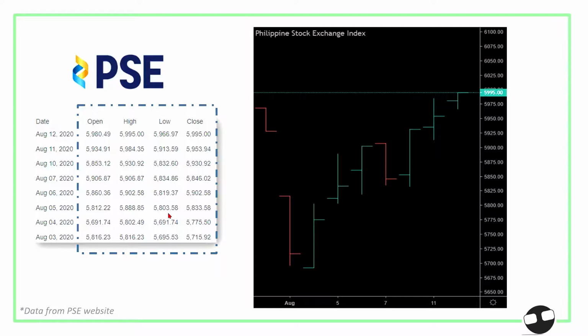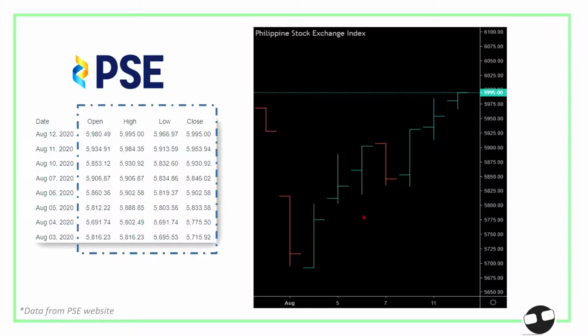Sorry, that's supposed to be 5888. Okay, this one, and then August 5 here for low, that's 5803. So that would mean this data point here. And we have here the closing at 5833. So here, since the opening is lower than the closing, 5812 versus 5833, this bar here is still colored green, and so on and so forth.